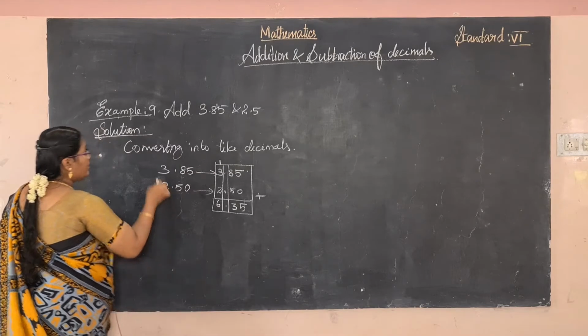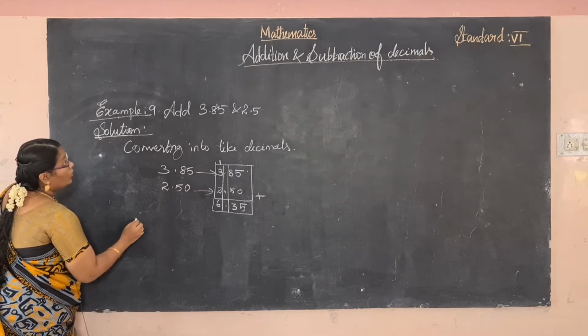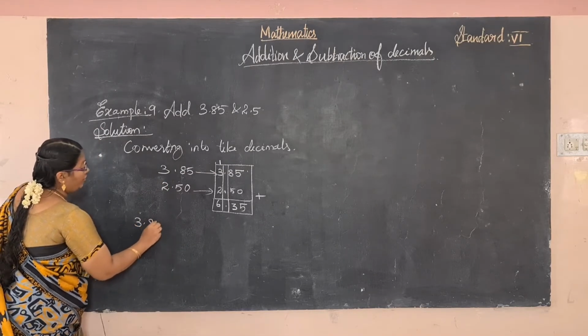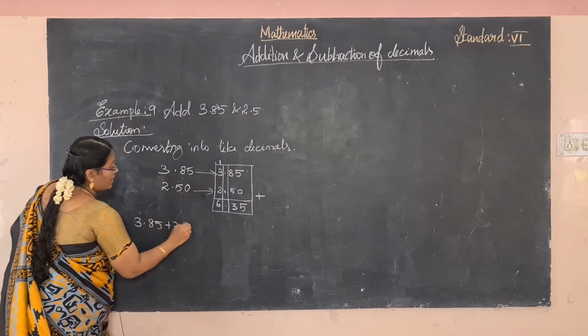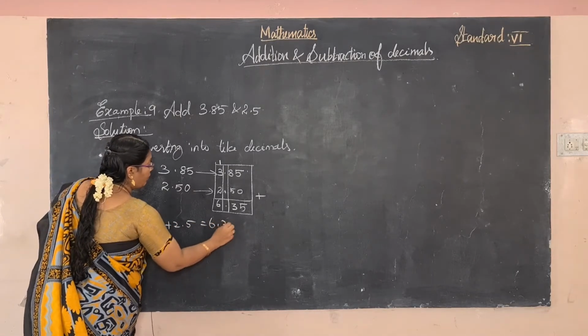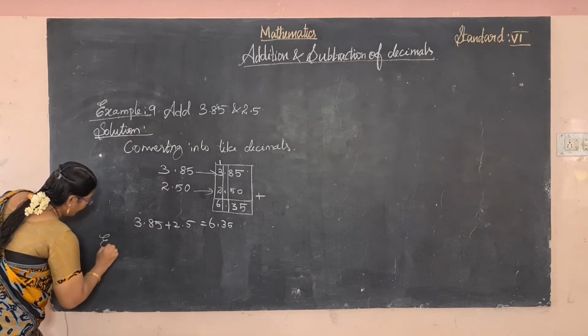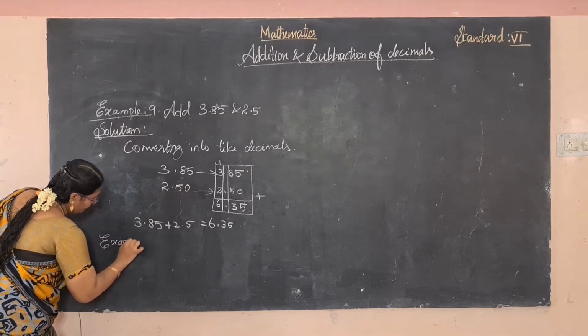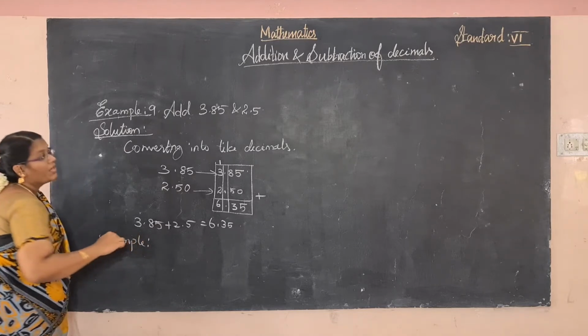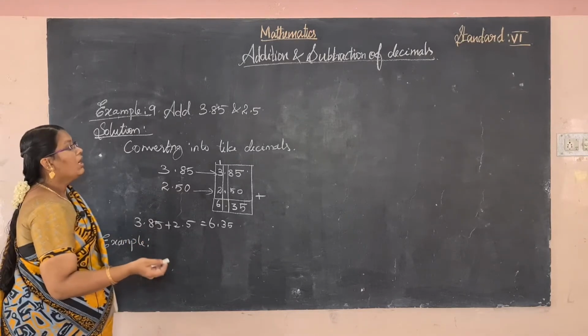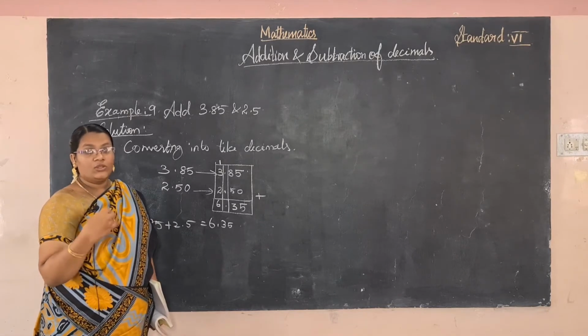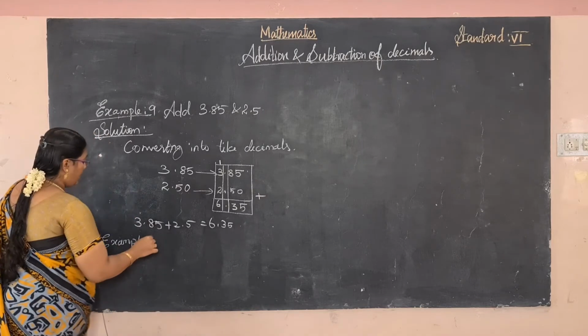The sum of these two decimals, 3.85 plus 2.5, is equal to 6.35, the answer for this problem. And the next example. What is the first step? First we have to change the unlike decimals to like decimals.